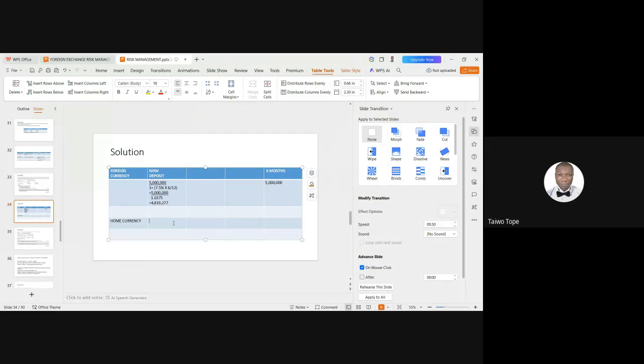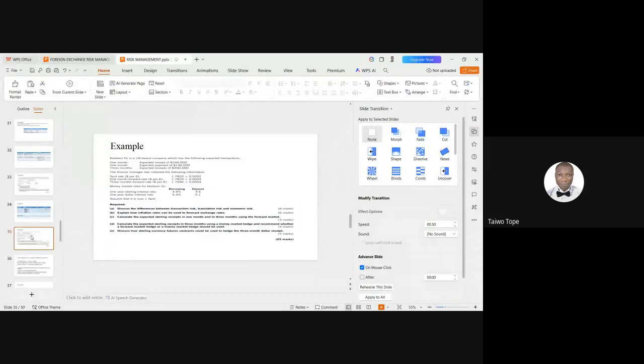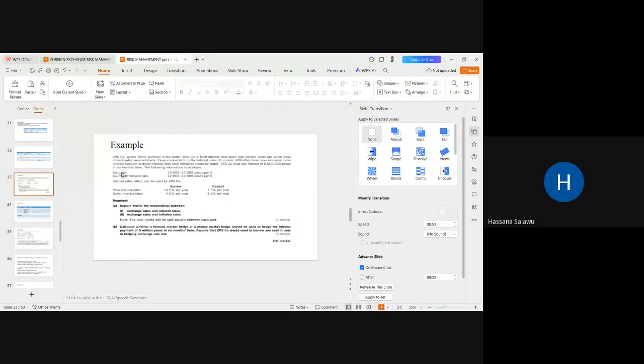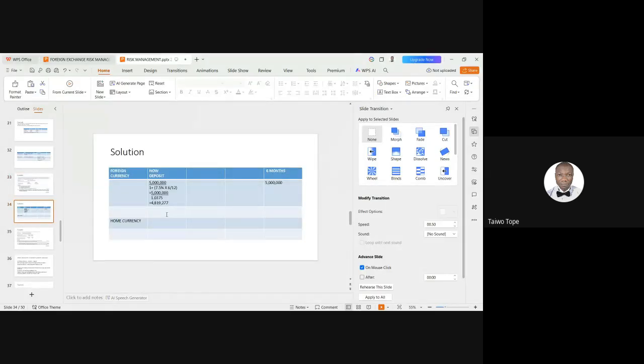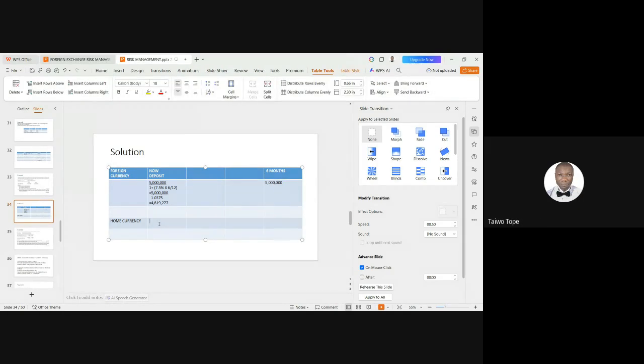The bank needs to buy from you, and if they are buying from you, it will be at the lower rate, 12.5. So just have the understanding that when you're making payments, you use the lower value, and when you are trying to receive, you use the higher value.